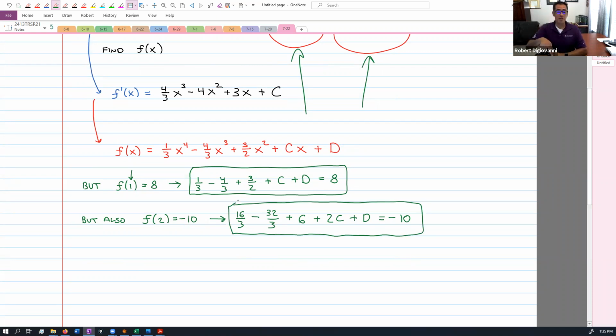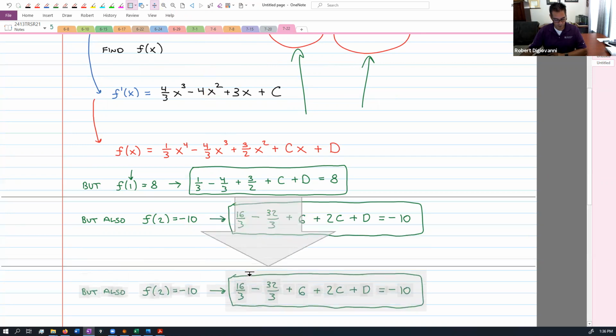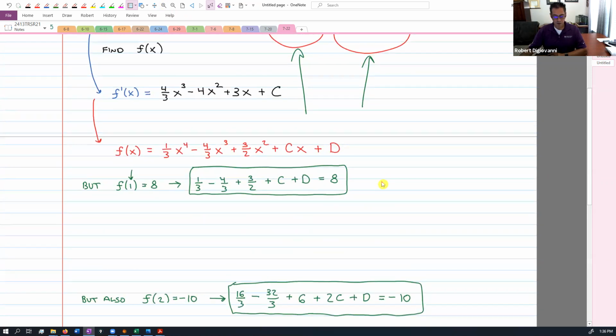Two equations, two unknowns. I'm going to simplify these equations or clean them up. So for this first equation, I could start combining these fractions together, couldn't I? I'm not going to. I have an equation, so what I'm going to do is clear the fractions.